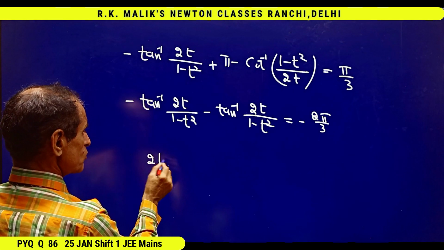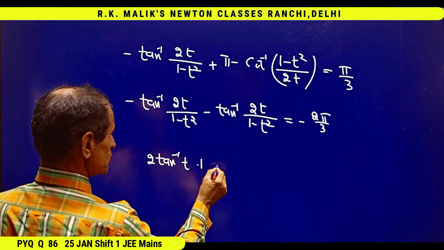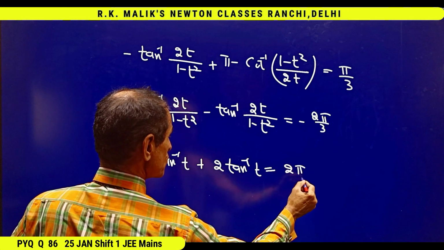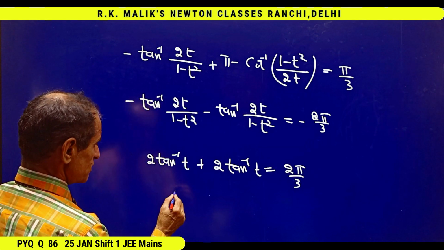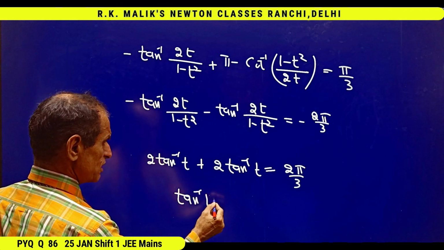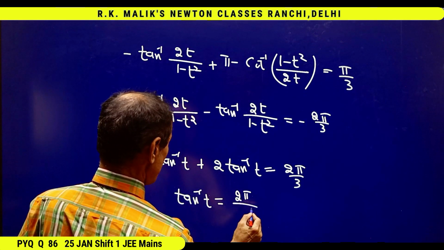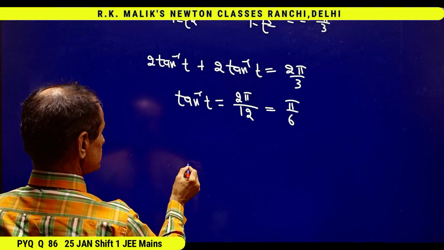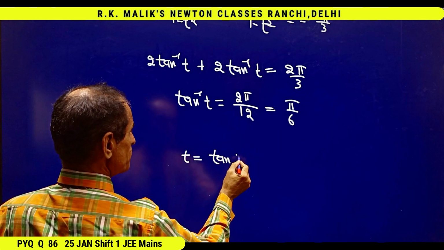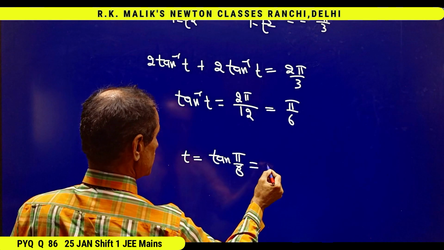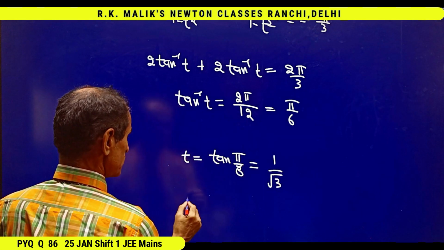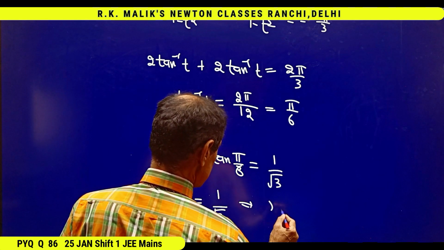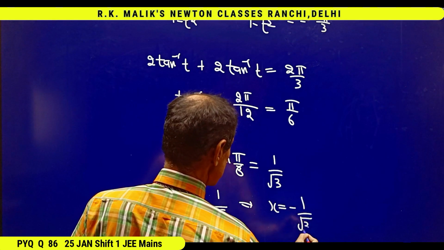That is, I get 2 tan inverse t plus 2 tan inverse t equal to 2 pi by 3. That is, tan inverse t equal to 2 pi by 12, that is pi by 6. Hence t equal to tan pi by 6, that is 1 by root 3. That is the value of minus x is 1 by root 3. That is x is minus 1 by root 3.